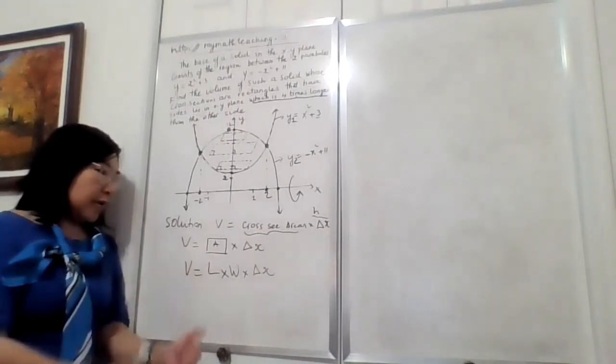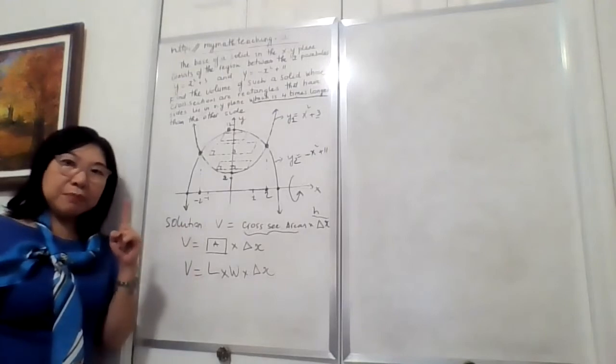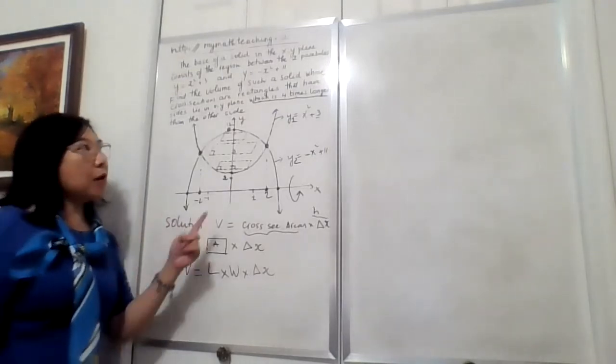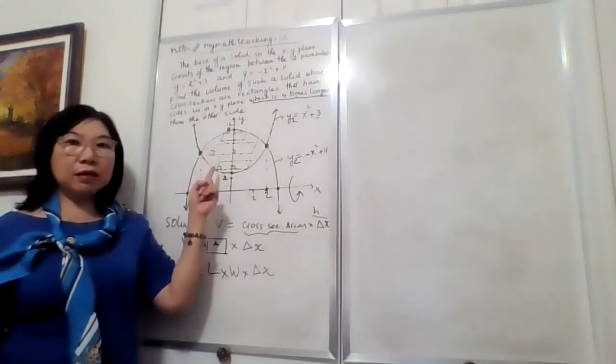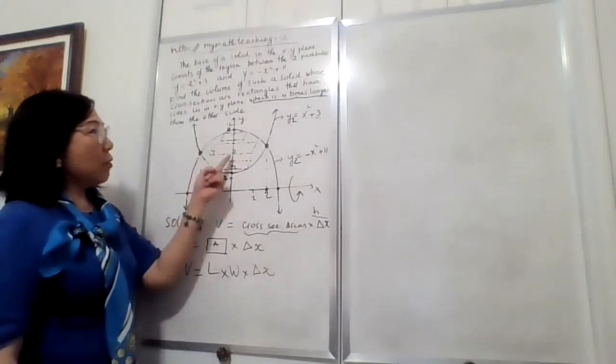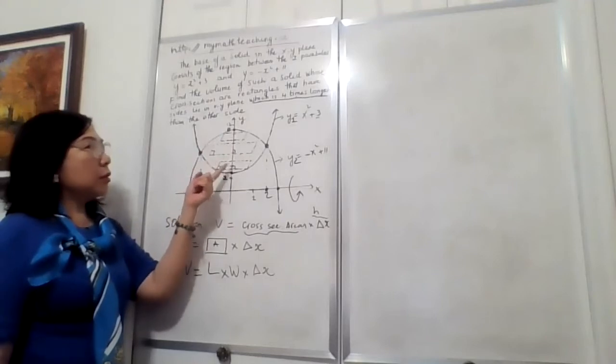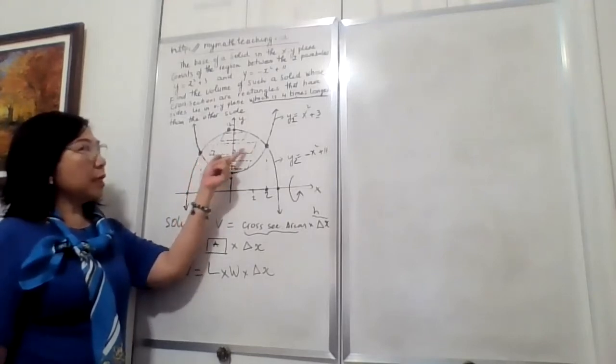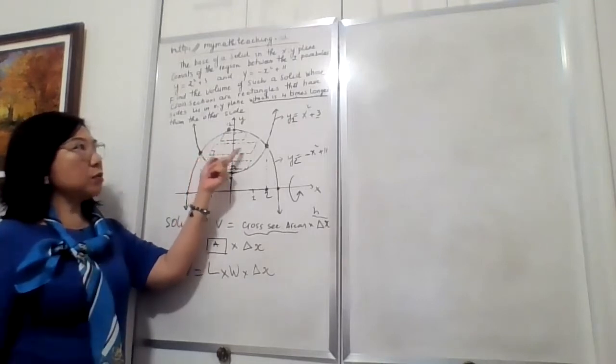So what is the length? Let me explain it to you, right? What is the length of our cross-sectional area here? On the bar diagram I drew, I did it on purpose so that I don't draw just one rectangle.